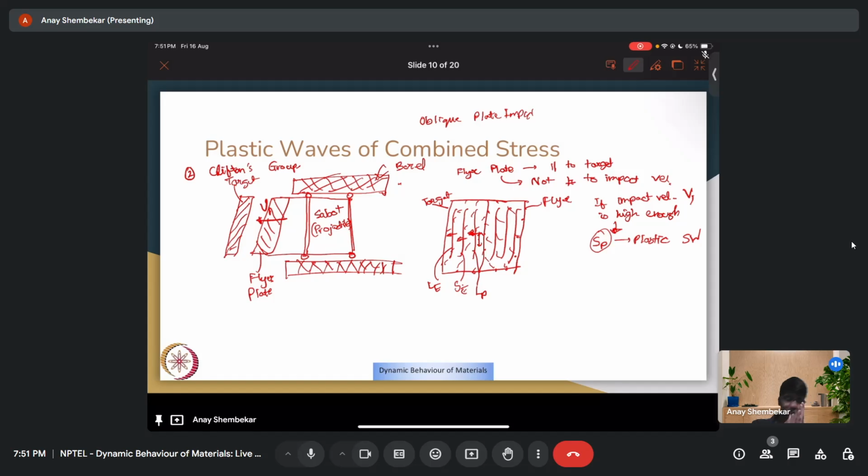At the point of impact, you will have a normal force and a shear force applied to both plates simultaneously, which will in turn result in normal stress and shear stress propagating in both flyer and target. Depending on the exact amplitude of stress, you can have plastic waves generated for both the longitudinal and shear waves.